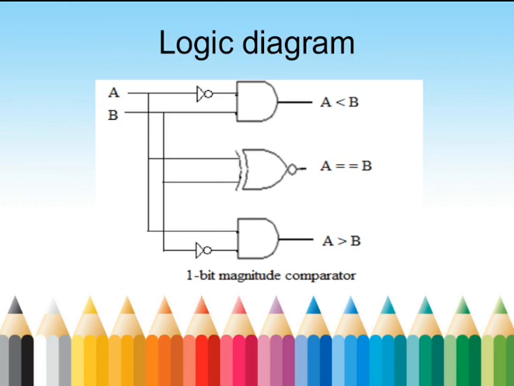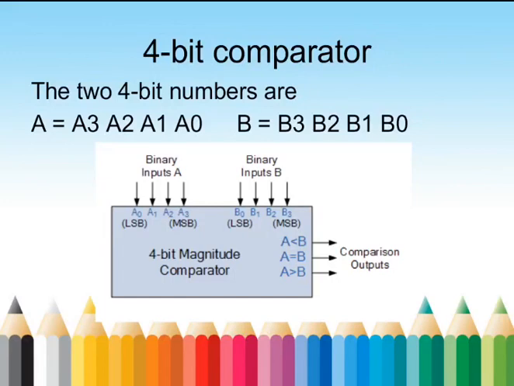Now in the same way as the 1-bit magnitude comparator, we will discuss a 4-bit magnitude comparator. This 4-bit magnitude comparator gives an idea of how to design an n-bit magnitude comparator.